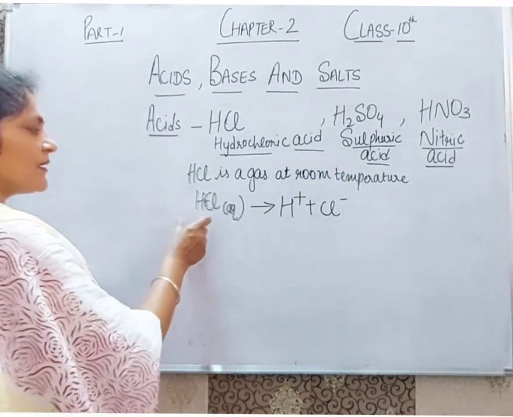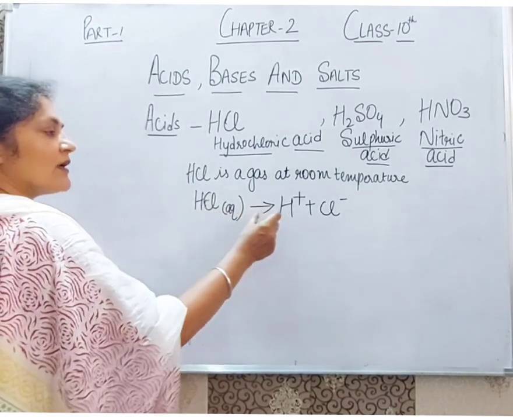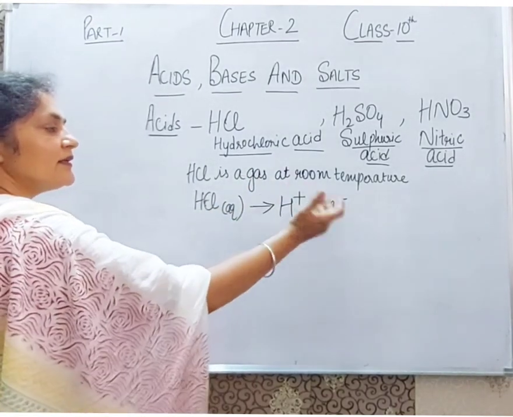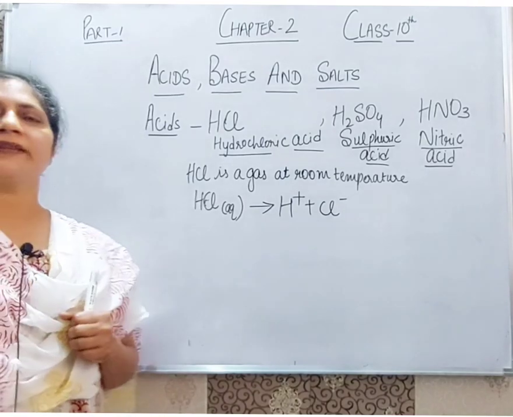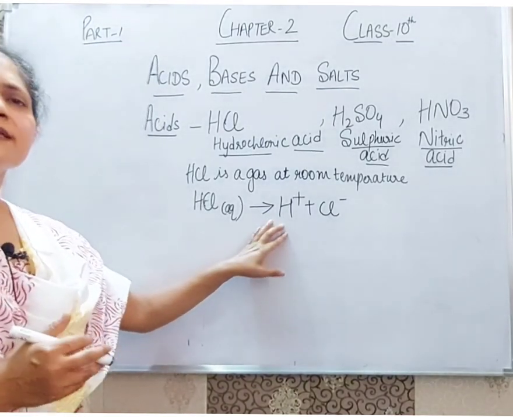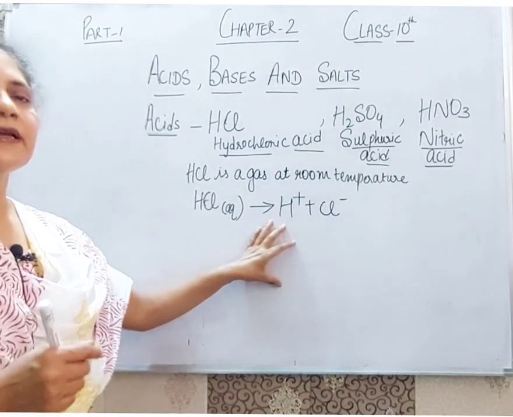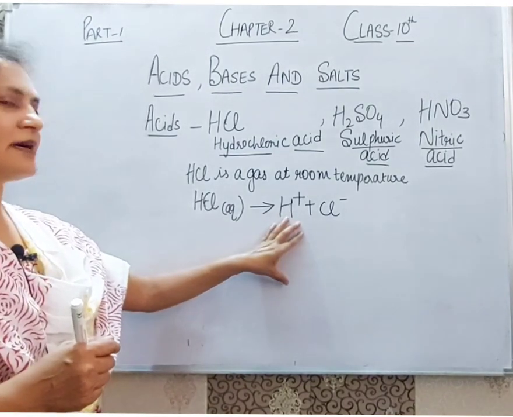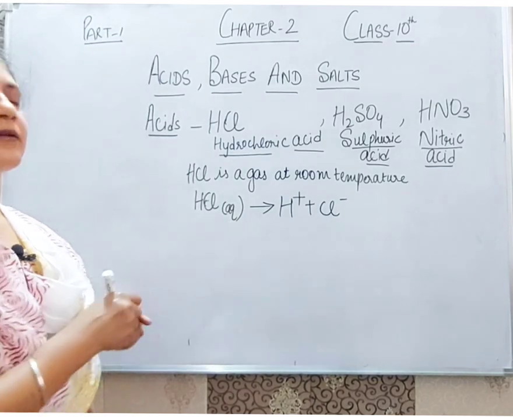Whenever a compound gives hydrogen ion in the presence of water, when dissolved in water, so this is the first property of the acid. Acid gives hydrogen ion when it is dissolved in water.